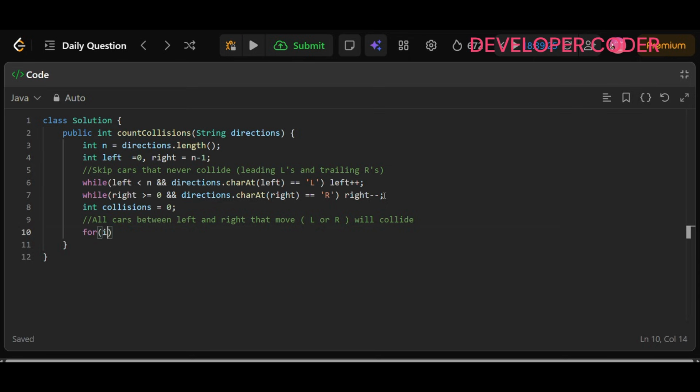So here I'm just going to run one loop: int i is equal to left, i is less than or equal to right, and here i plus plus.